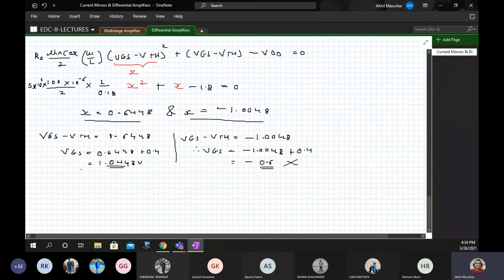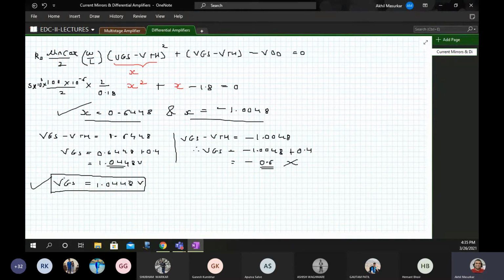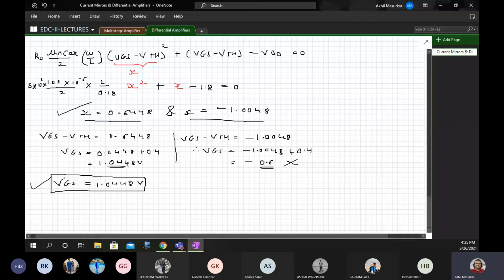So your VGS is going to be 1.044. So we have chosen this value of x and this value of VGS. I choose that value of x which gives me a positive VGS. Please take this down, and once you complete it, write done in the chat box.